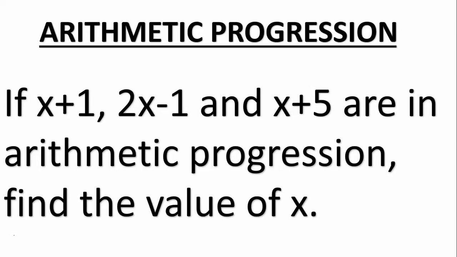Now, we are told that these three terms are in arithmetic progression. So if the three terms are in arithmetic progression, let's say you have A, B, and C, they are in arithmetic progression.